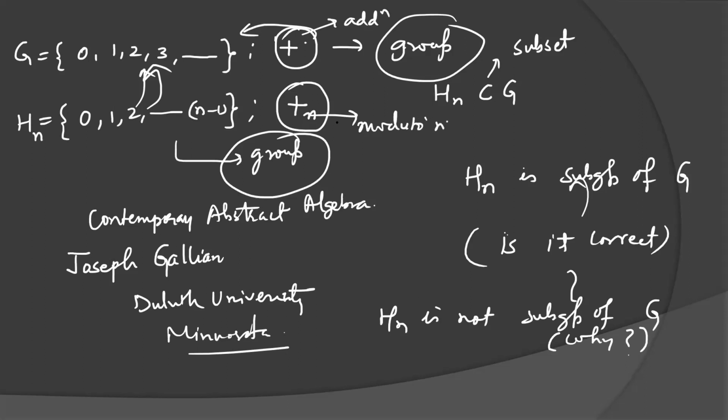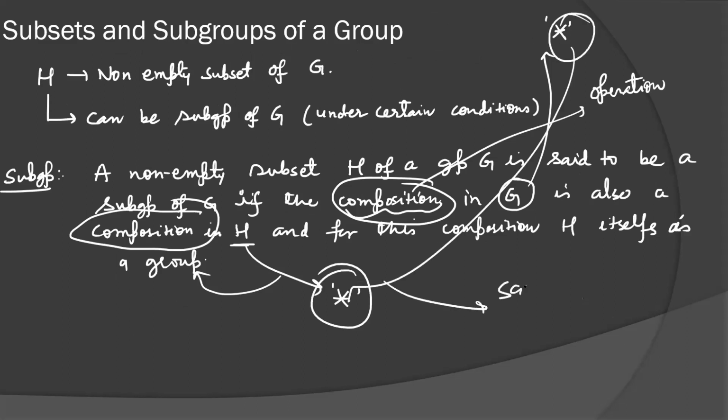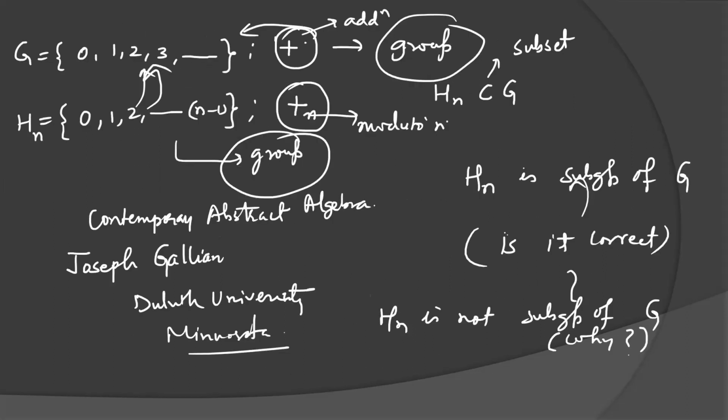And for proving subgroup, operations should be the same. Same composition needed. But here I'm changing the operation. That's why we cannot claim it's a subgroup. So Hn is not a subgroup of G here due to different compositions. Even though both are groups and one is a subset of the other, due to different compositions, Hn is not a subgroup of G. It's a very important point.